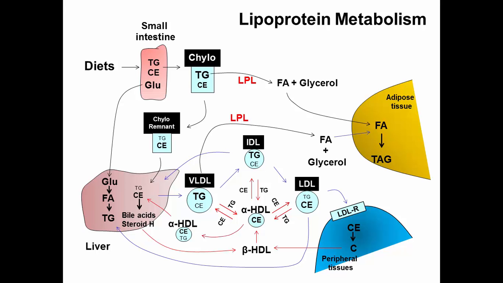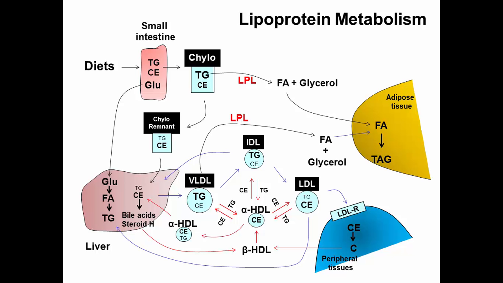And then it becomes mature chylomicron. Once it reaches the adipose tissue, lipoprotein lipase, LPL, released from adipocytes, can hydrolyze the triglyceride within the chylomicron, right? It releases fatty acids, and these fatty acids are picked up by adipose tissue and re-esterified back to triglyceride and stored in the adipose tissue, right?